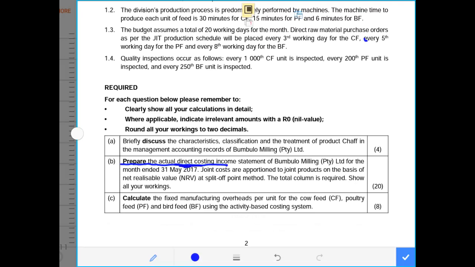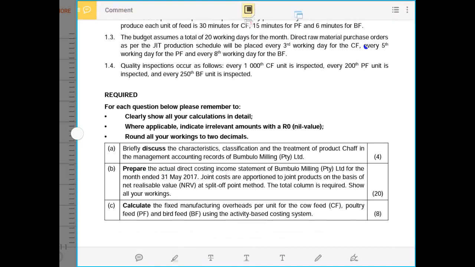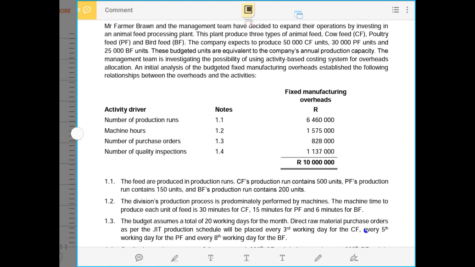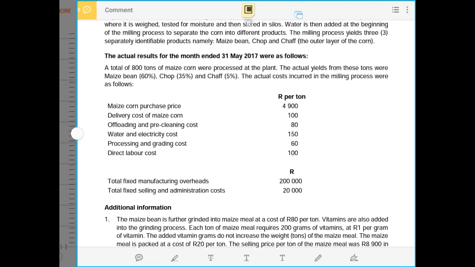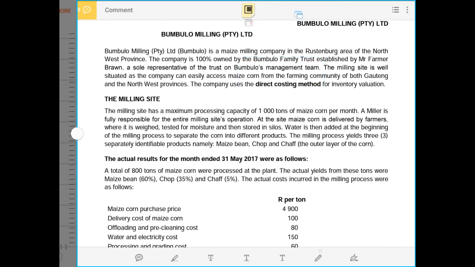Take note, direct income statement. Meaning when we do this income statement, we need to say sales minus all the variable costs. Then after we get to the contribution, we say contribution minus fixed cost. That will give us the net profit for the period. So that will be the direct income statement.